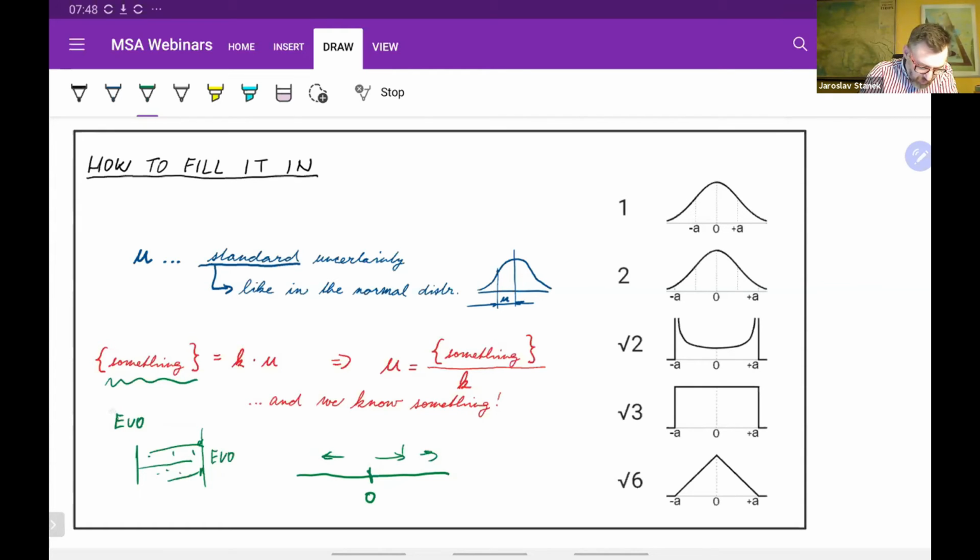So on top of what we have, the number something, we need to assume that there is some shape of the distribution. And in absolutely most of the cases, it is 2.